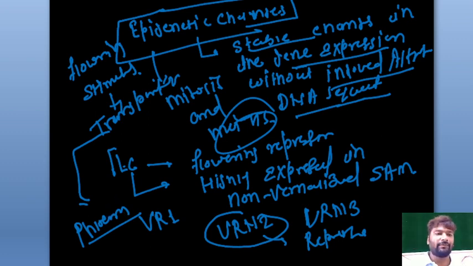Now come to the mechanism of this vernalization process, how this vernalization process takes place. Already discussed that FLC, flowering locus C, is a major regulatory gene of vernalization.